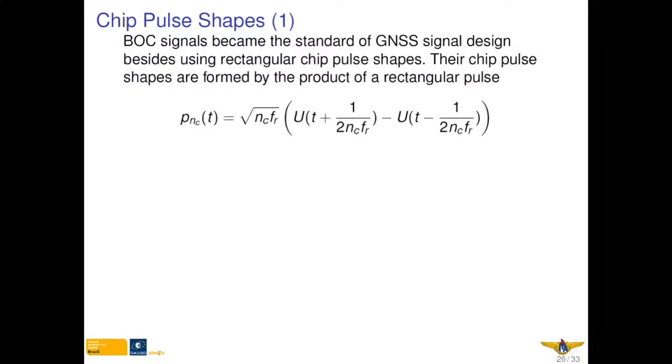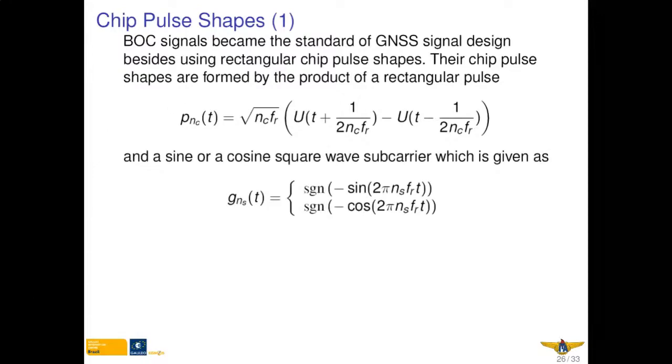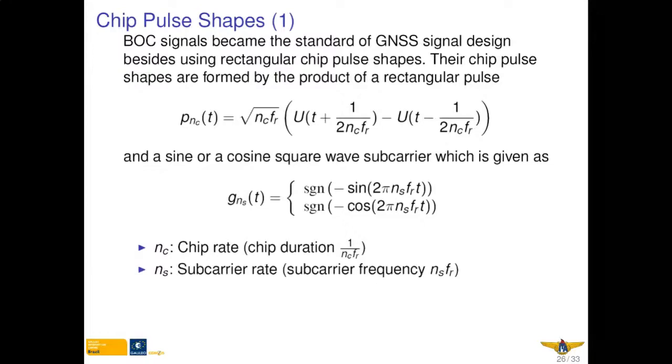Their chip pulse shapes are formed by the product of a rectangular pulse and a sine or cosine square wave subcarrier, which can be given by this function g of n_s of t, where n_c is the chip rate, n_s is the subcarrier rate, and f_r is the reference frequency, usually 1.023 megahertz.